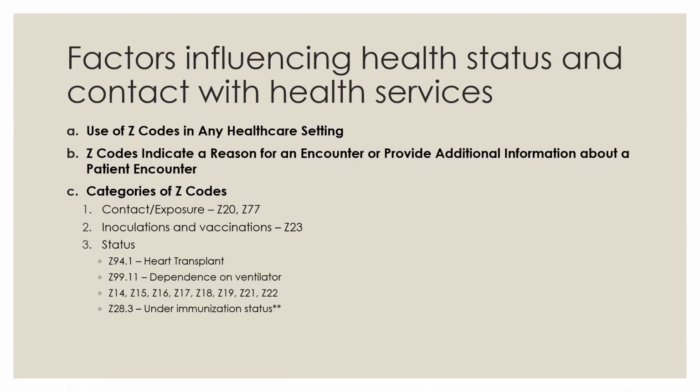And number three, status codes. These indicate that a patient is either a carrier of a disease or has a sequelae or residual of a past disease or condition. This includes such things as the presence of a prosthetic or mechanical device resulting from past treatment.